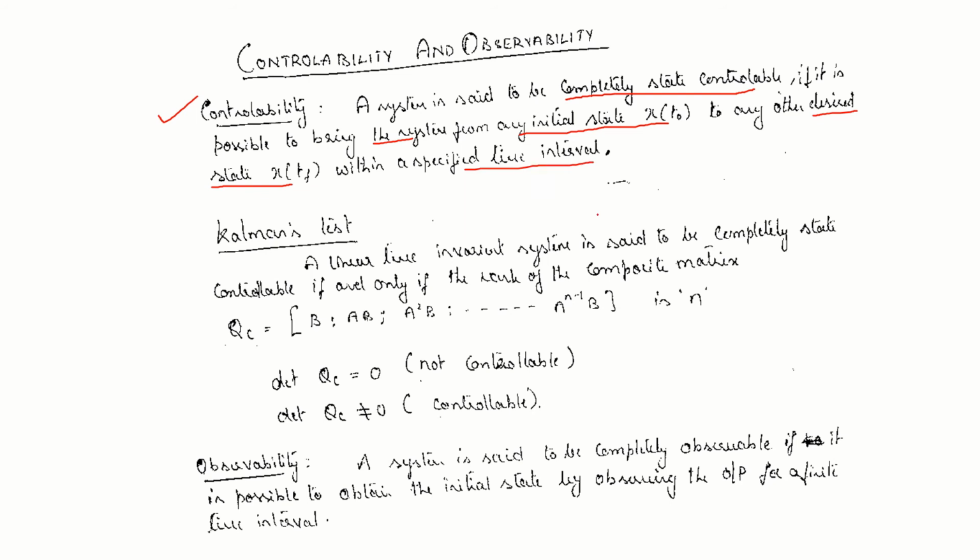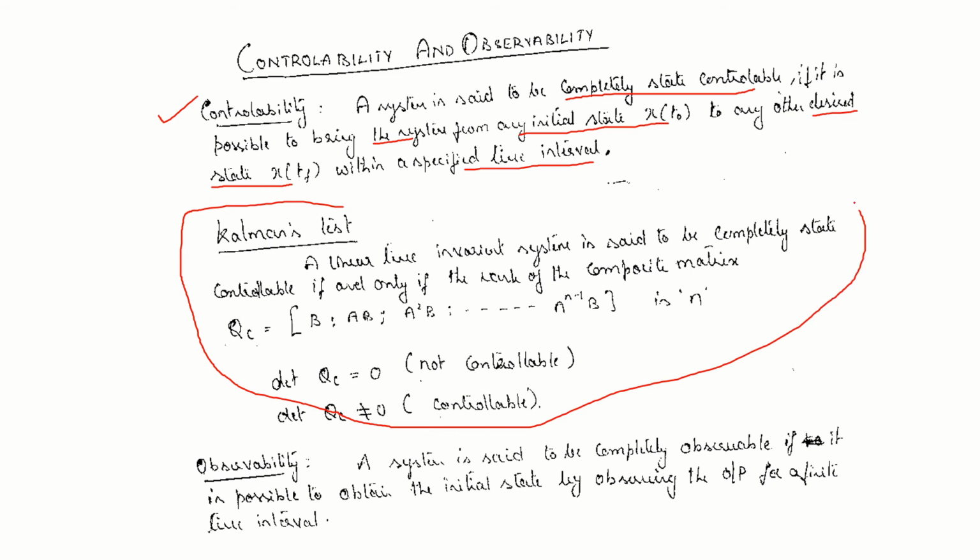Then such a system is called controllable. There is a lot of theory behind it. We have many methods to test also. I'll just take at this level a Kalman's test is sufficient, right?